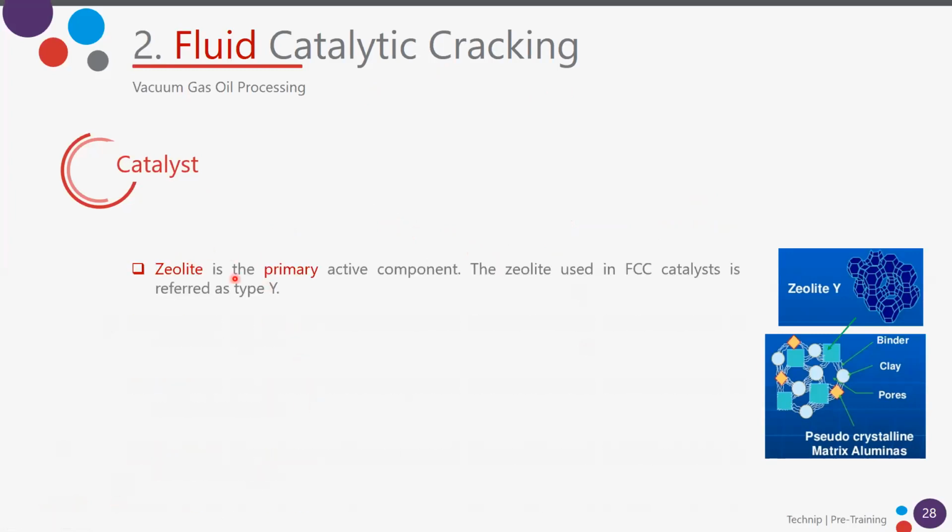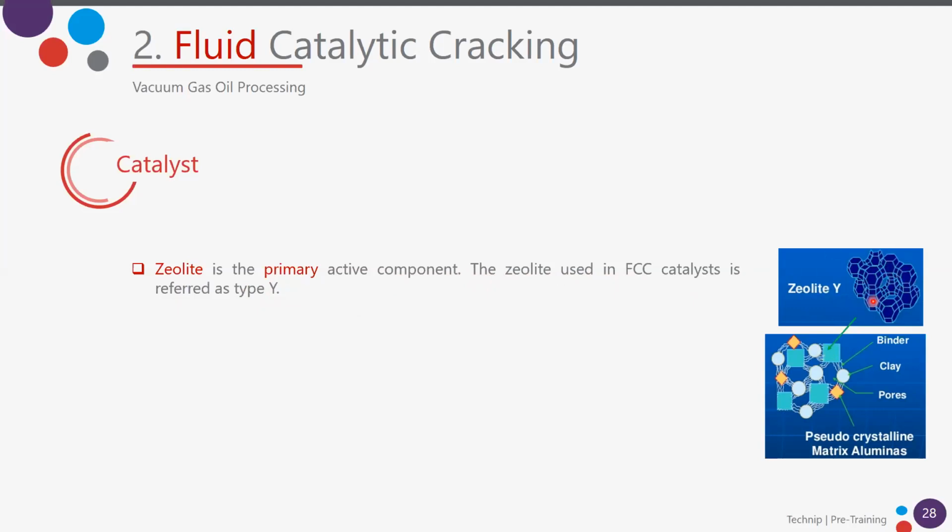The zeolite is the primary active component of the catalyst, okay? And the zeolite used in the FCC catalyst is referred to as type Y, okay? We see here the zeolite. This is the primary component of the catalyst that we will use in the unit, okay? And here we will represent it with this square. This is our zeolite.